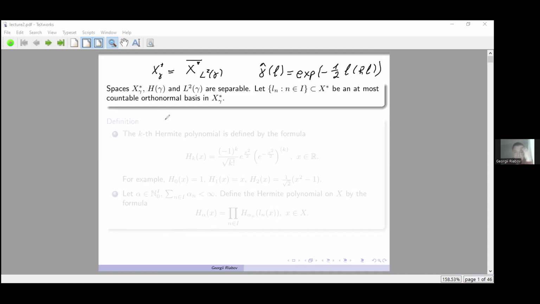Also, we defined the action of R on functions from X star gamma as follows. So Rg is equal to the integral of g of x, gamma dx.